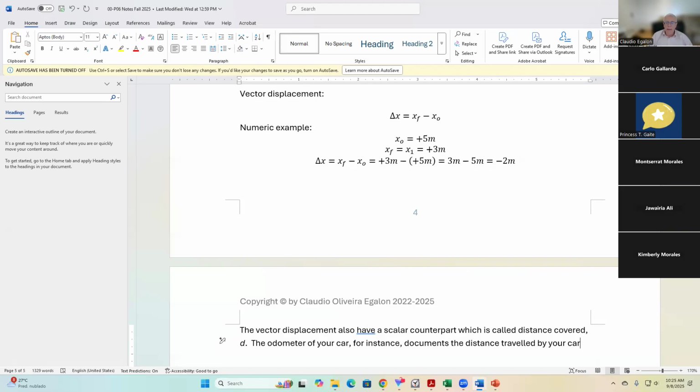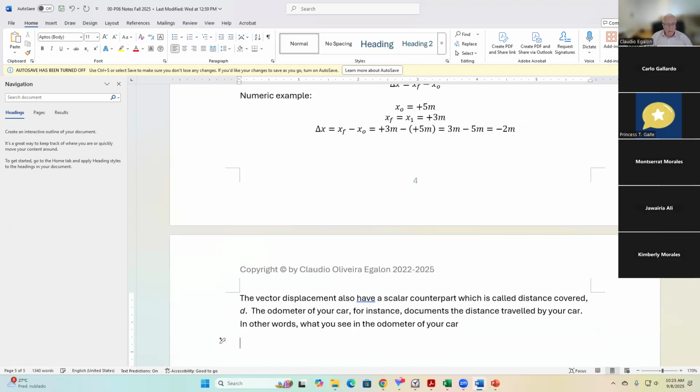It's a scalar quantity. What you see in the odometer of your car doesn't tell you the direction that you moved, right? It just tells you the distance that you covered.